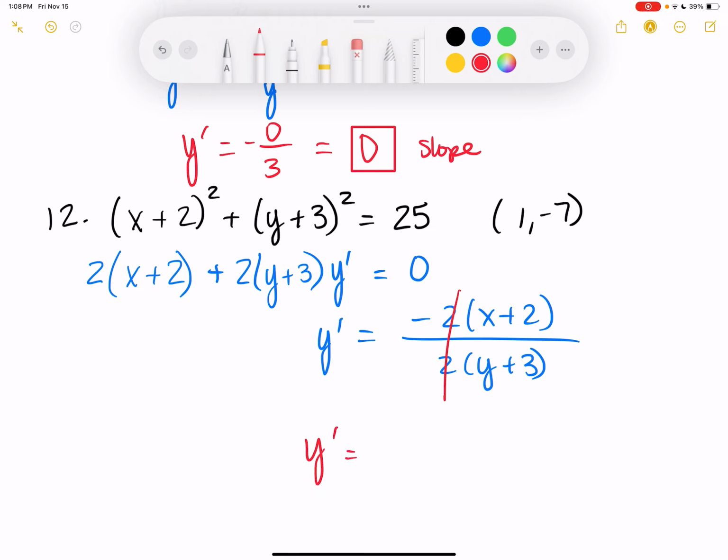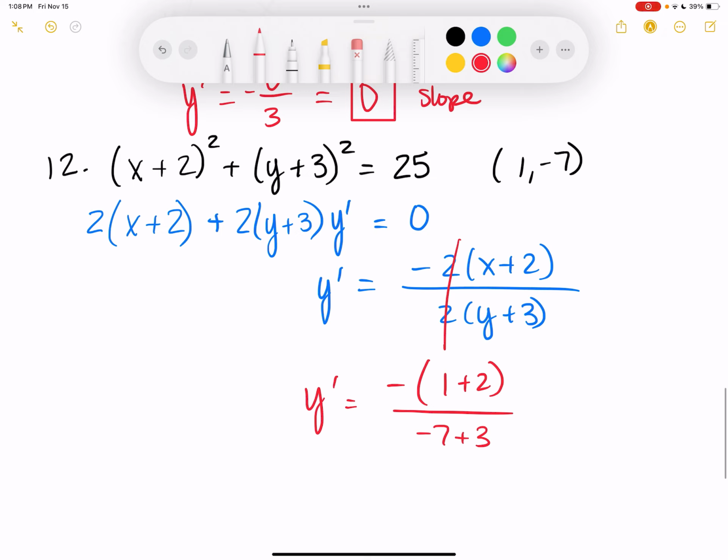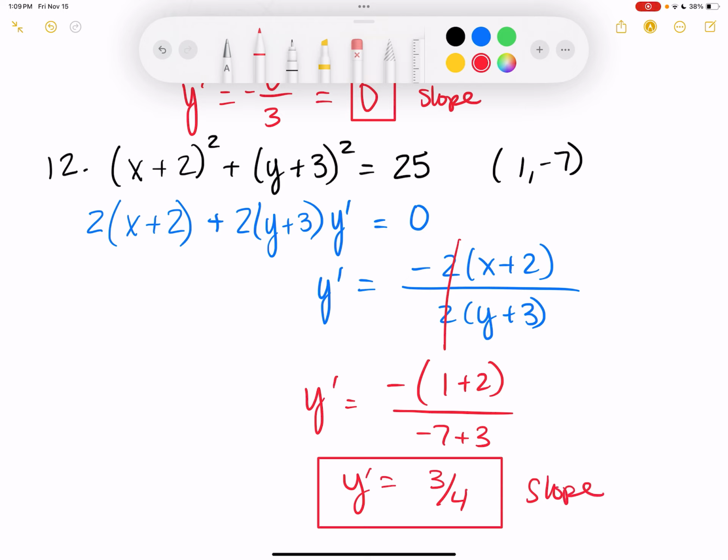Y prime equals, don't forget the negative out here, so negative times (1 plus 2) over (negative 7 plus 3). So it's negative 3 over negative 4, so 3 over 4. There's your slope.